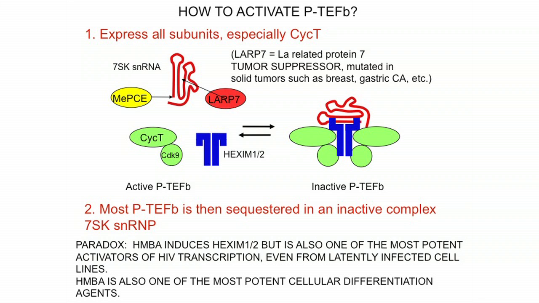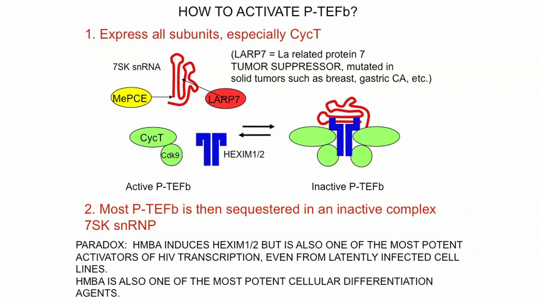First, the problem is that it's very low in resting cells, primarily because of translational inhibition of cyclin T1. And even after you make it, after you induce it, you also induce all these other factors that sequester most of the active P-TEFb into an inactive complex, which is called either the large complex or 7SK snRNP.